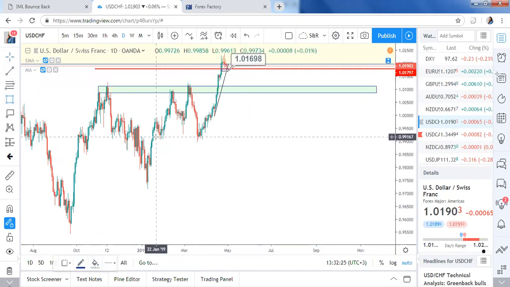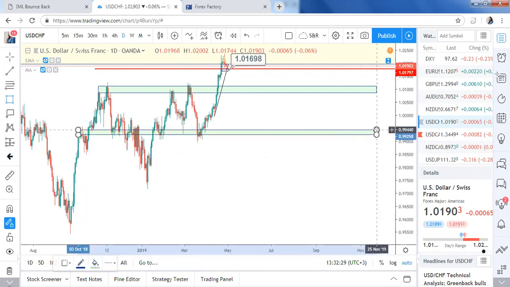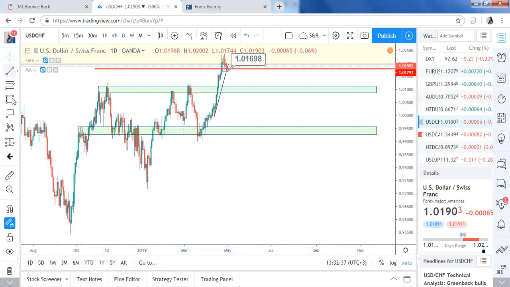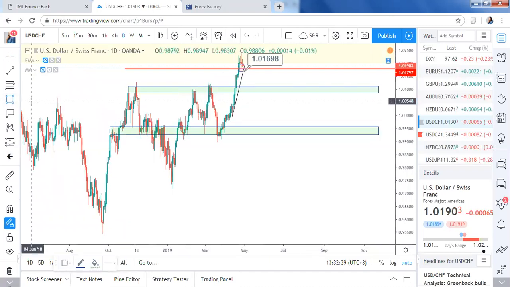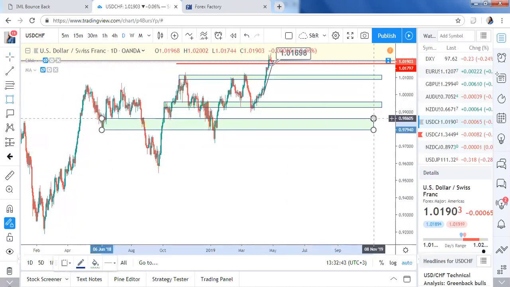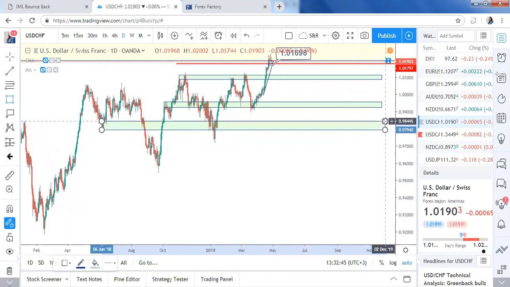right? We can also see structure here as well, right? So you can see structure there. That's another take profit point. And then finally, you can see structure here.